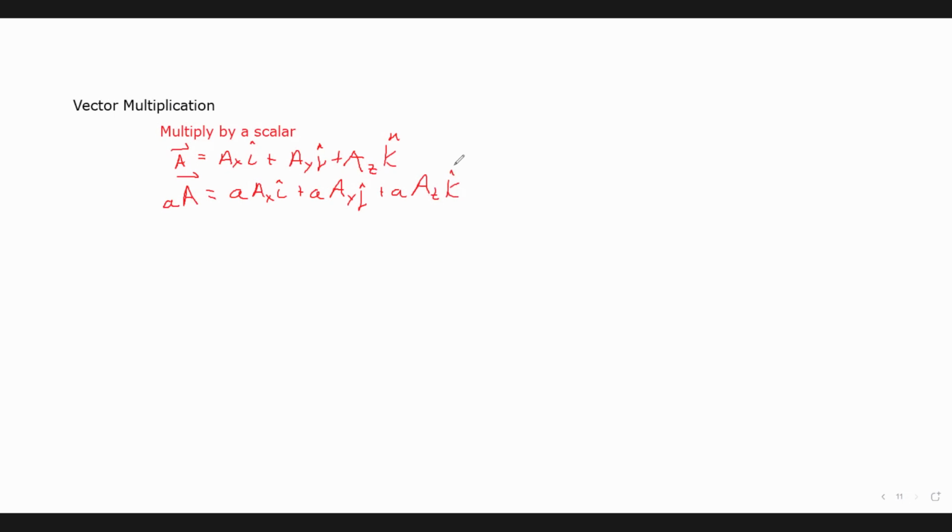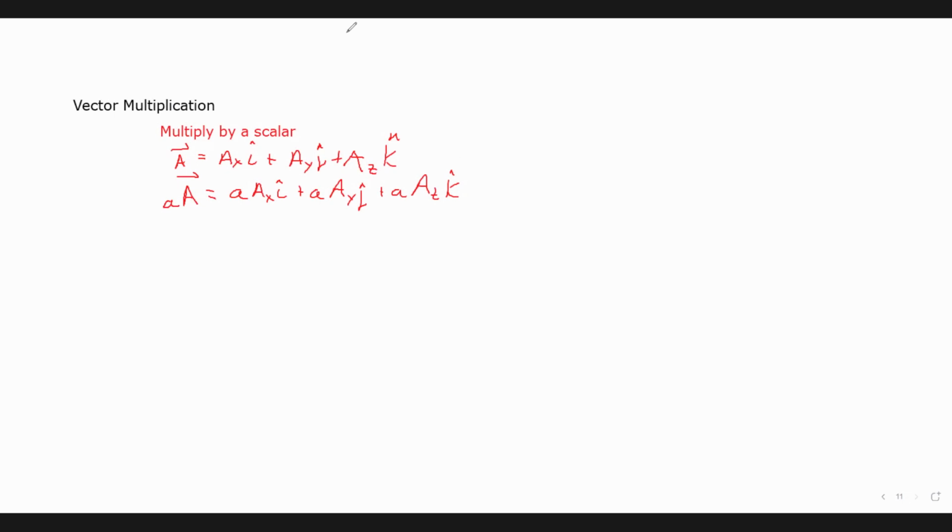So all I've done is lengthen the vector by a factor a. If the magnitude was 10 and a is equal to 5, then the magnitude of the new vector is 50. Easy.